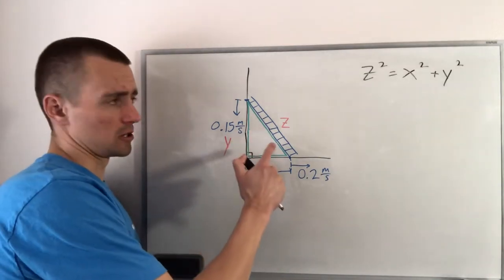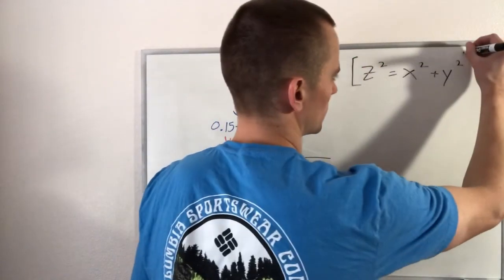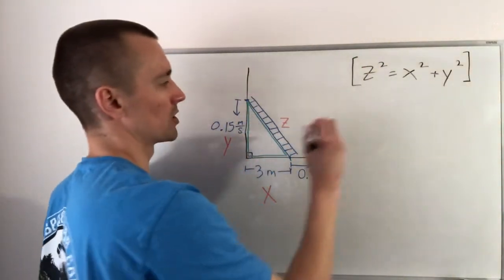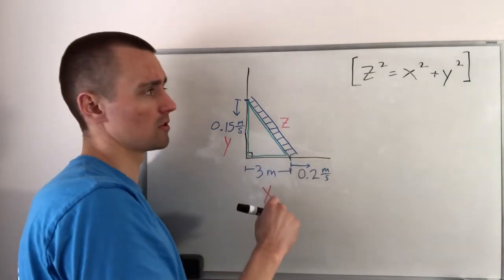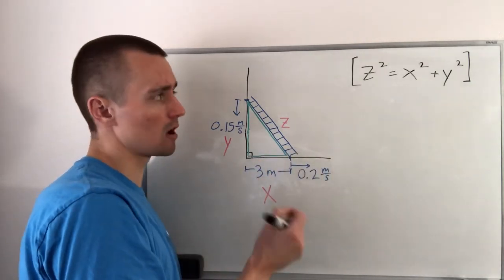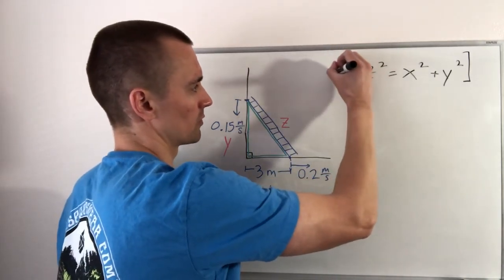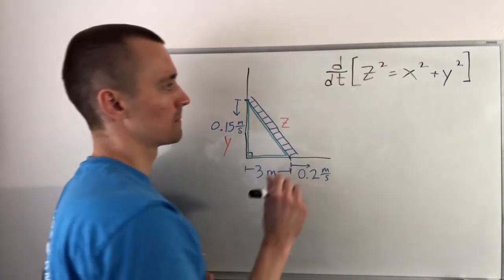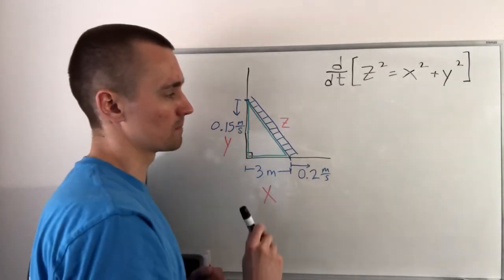So we have our equation here, z squared equals x squared plus y squared, and what we want to do is implicit differentiation. So we're going to take the derivative with respect to time of both sides of this equation. This symbol here just means take the derivative with respect to time.